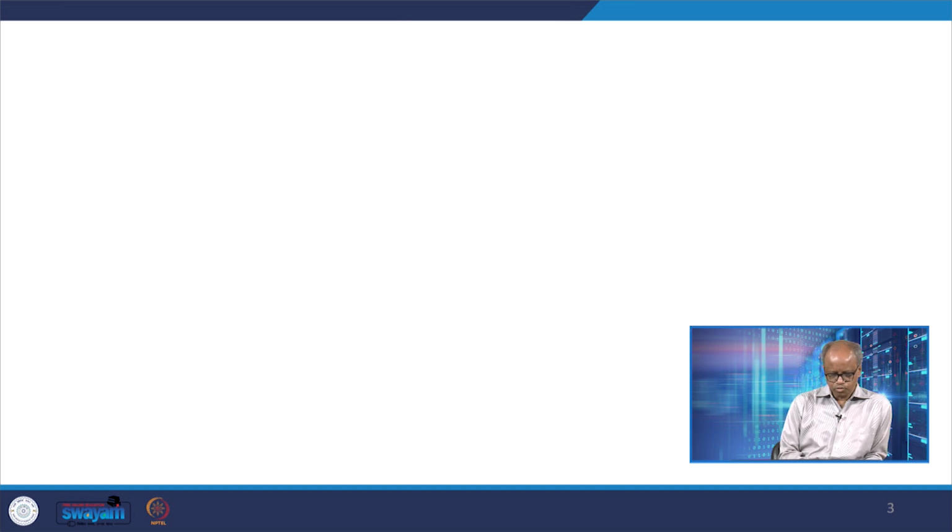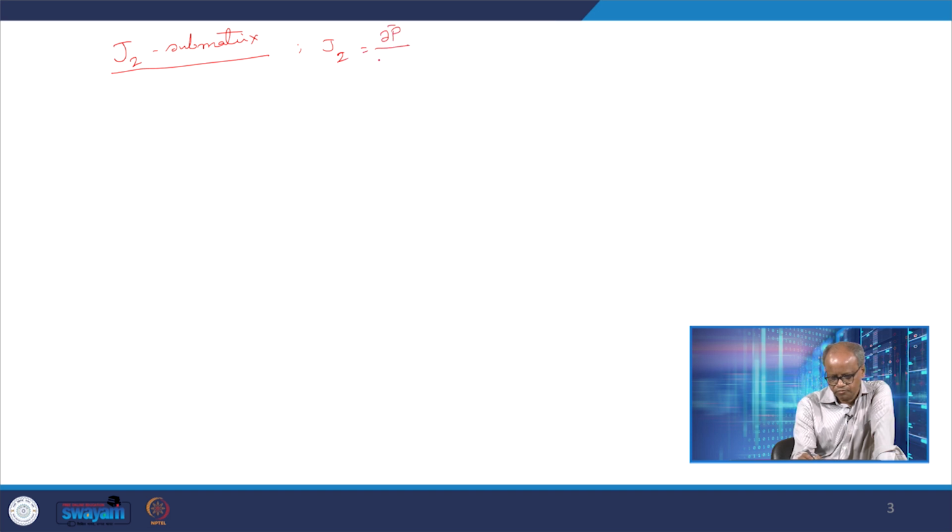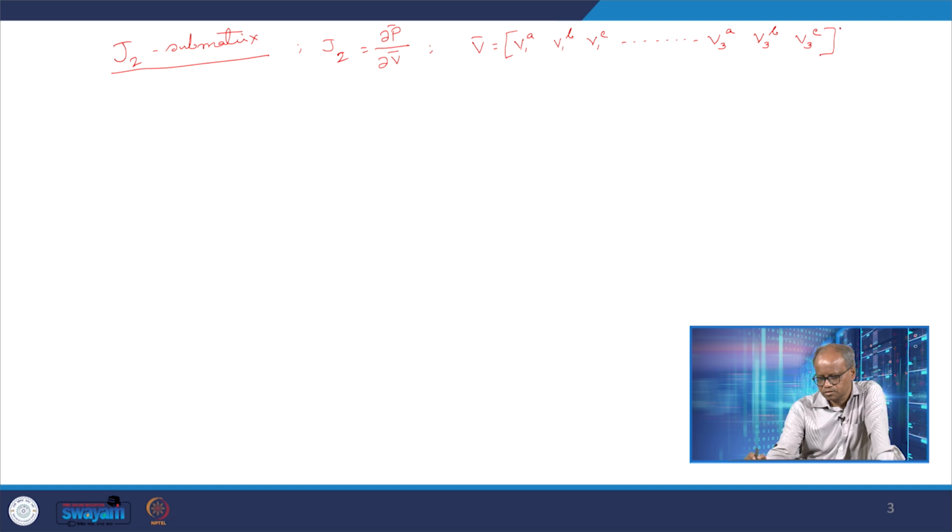Now let us look at the J2 submatrix. J2 is equal to del P by del V. The P vector we have already denoted, but in this case the V vector would be V1A, V1B, V1C, dot dot dot, V3A, V3B, V3C, transpose.